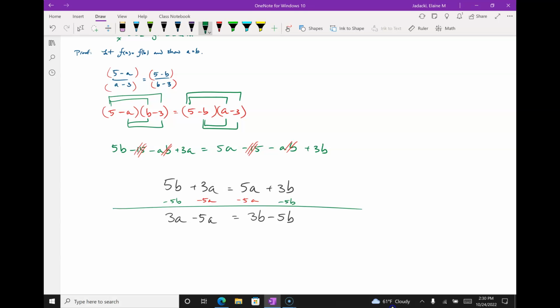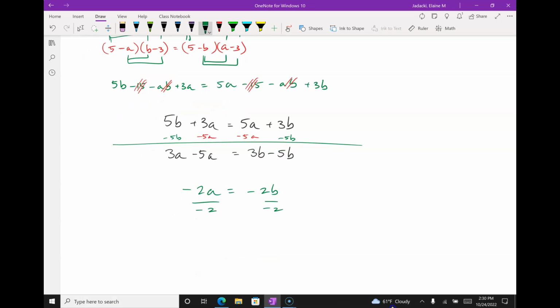So what's on the left now? Minus 2a equals minus 2b, and now I'm dividing both sides by negative 2. So I get a equals b. That's what I wanted.